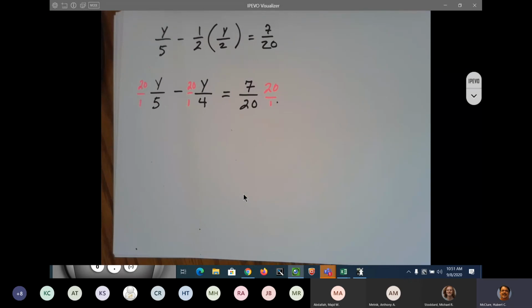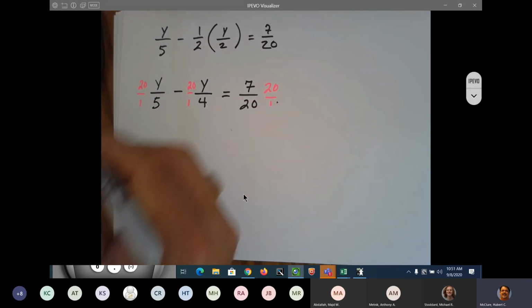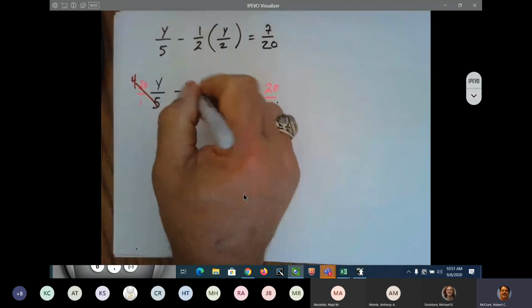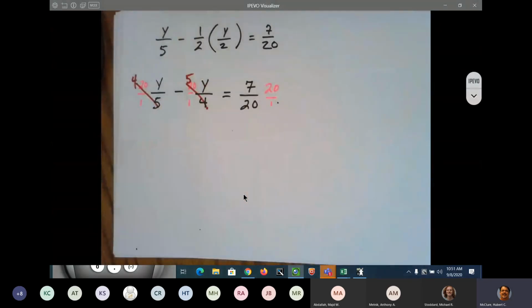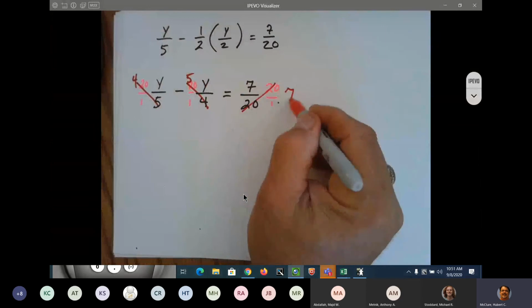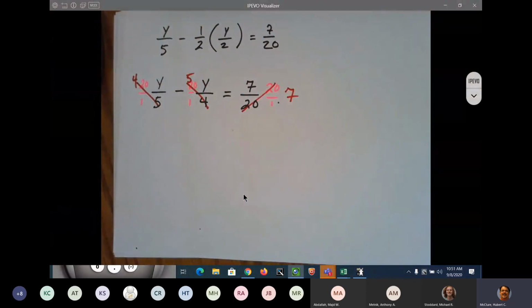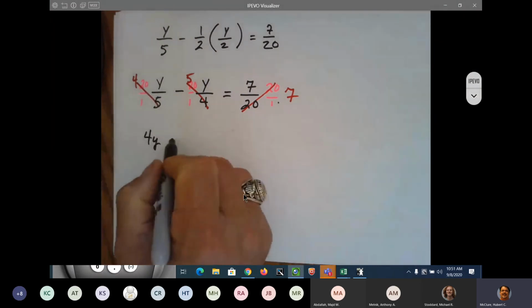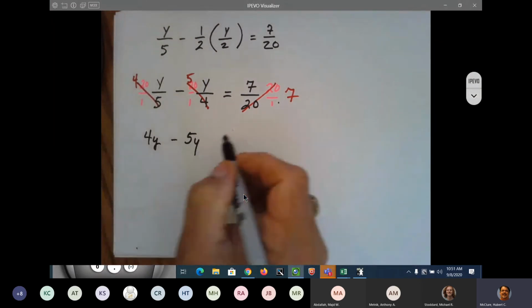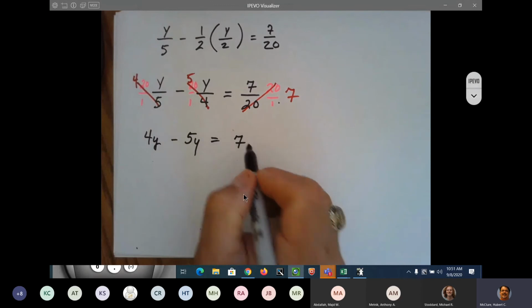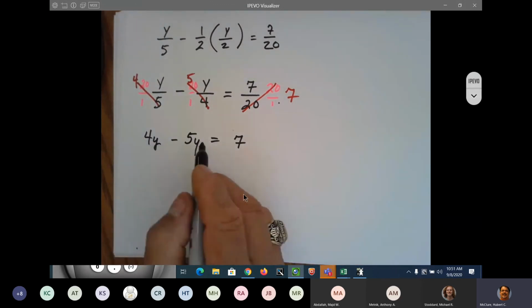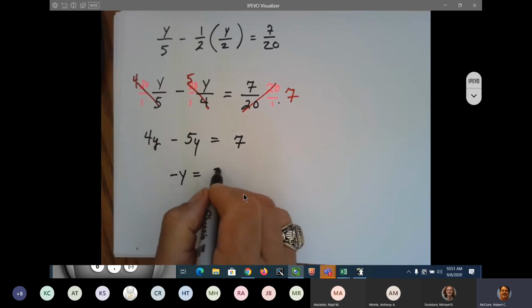And that's going to give you a 4 here, and a 5 here, and the 20s cancel. That leaves a 7 here. So looks to me like you've got 4y minus 5y is equal to 7. 4y minus 5y is negative y is equal to 7.